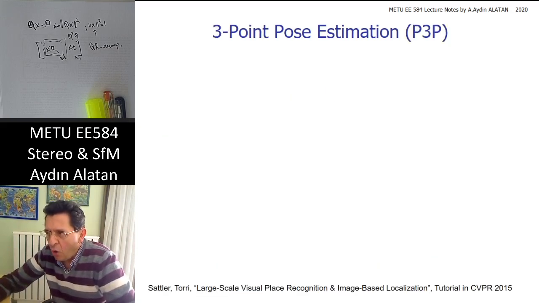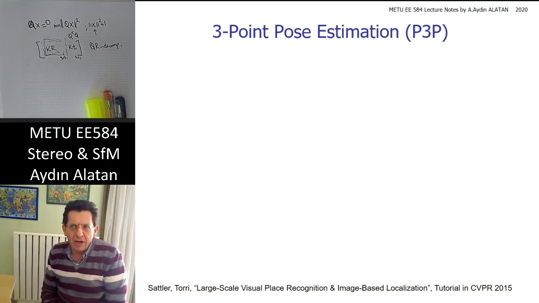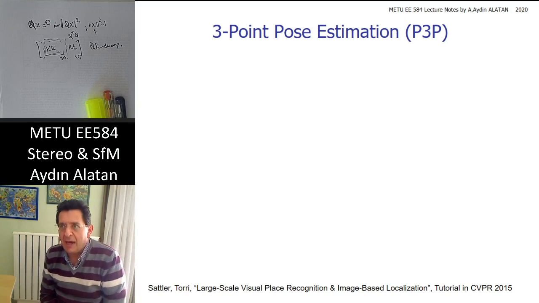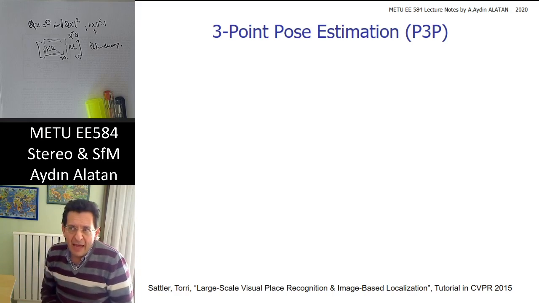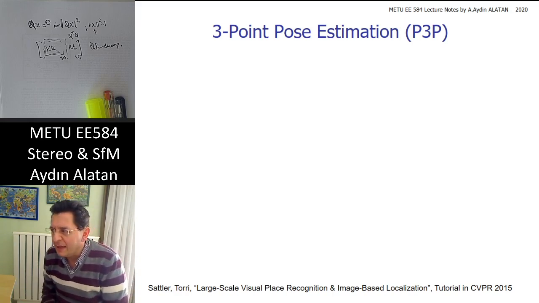Now I'm going to show one other technique. This technique only requires 3 points. With only 3 points I'm able to obtain my pose again. Previously it was at least 6, maybe more than 6.